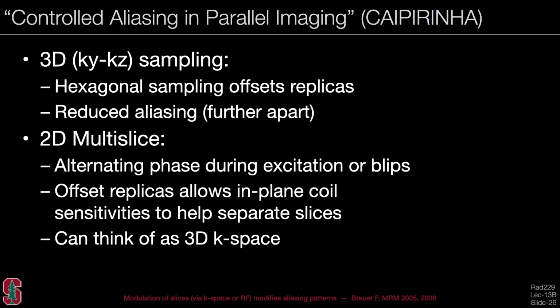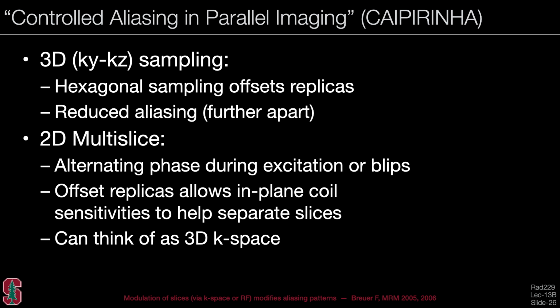We can do a multi-slice version of this, where we alternate the phase during the excitation, or we use blips. What happens here is the offset replicas allow you to use the in-plane coil sensitivities to help separate the slices. And this is similar to the POMP approach, but with parallel imaging.